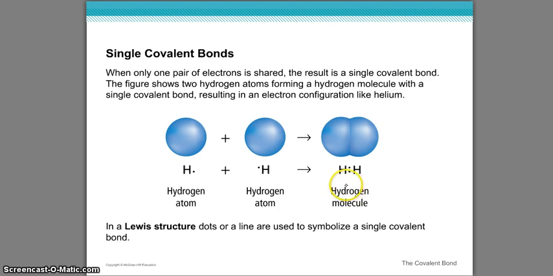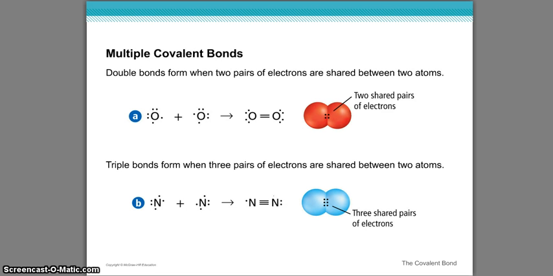We can also use a line, so a dash between the 2 hydrogens to represent a single bond. If 2 pairs of electrons are shared, like between the oxygens in oxygen gas, we can show 2 dashes or 4 electrons being shared between the oxygens. We call that a double bond.